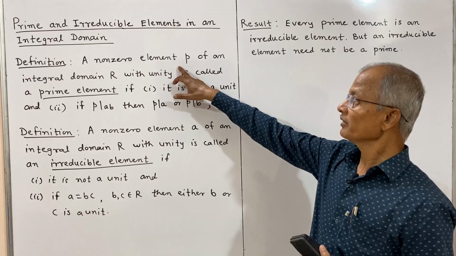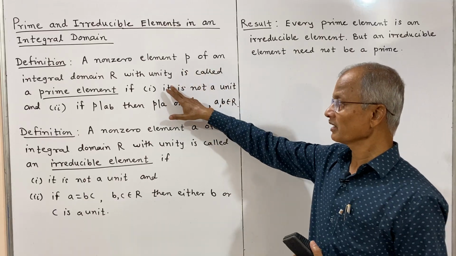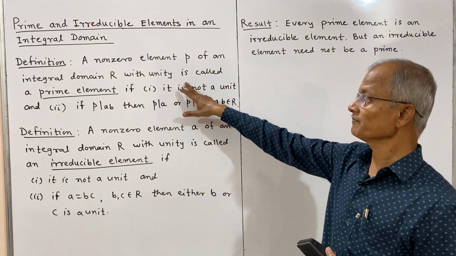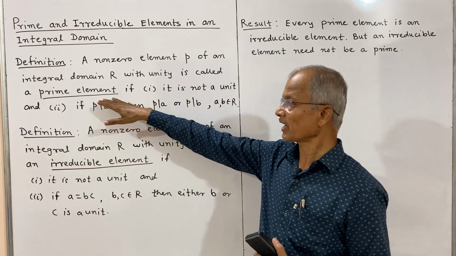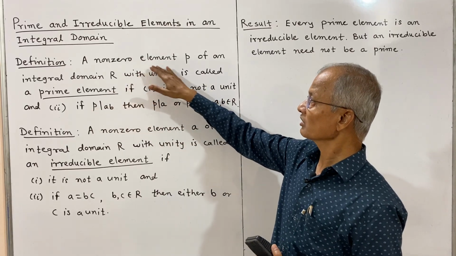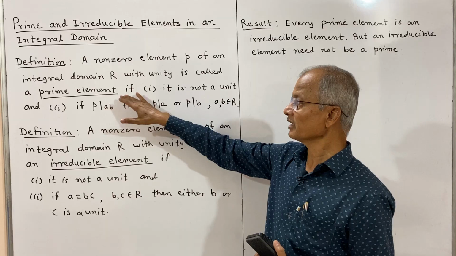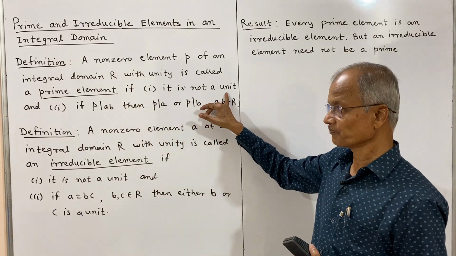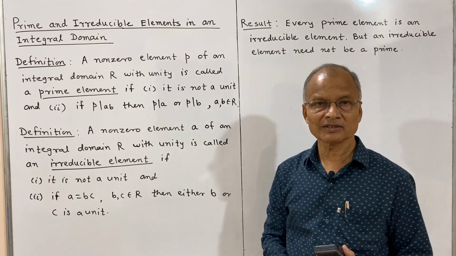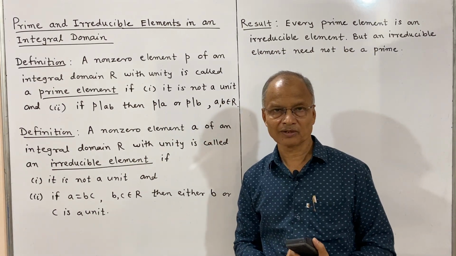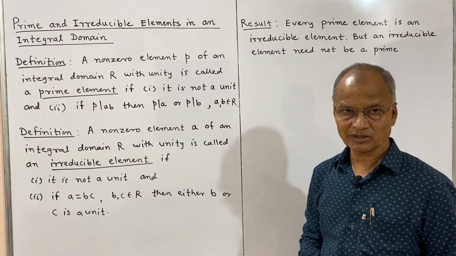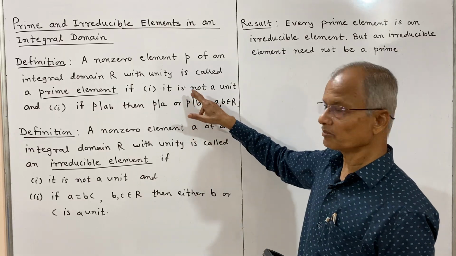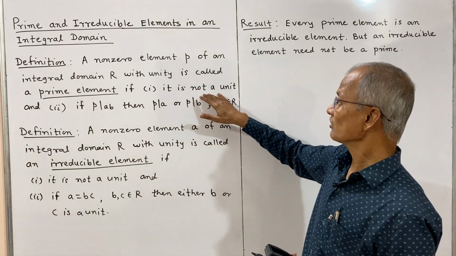A non-zero element P of an integral domain R with unity is called a prime element if the first condition is it is not a unit. Unit we have defined: unit is the element which is invertible with respect to multiplication, or which has a multiplicative inverse. It is not a unit.